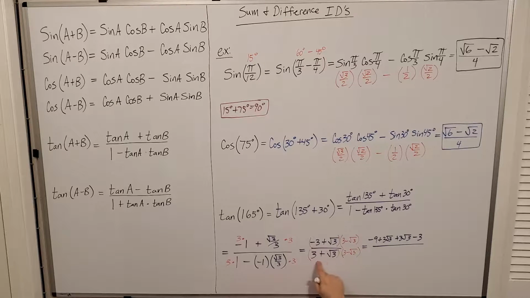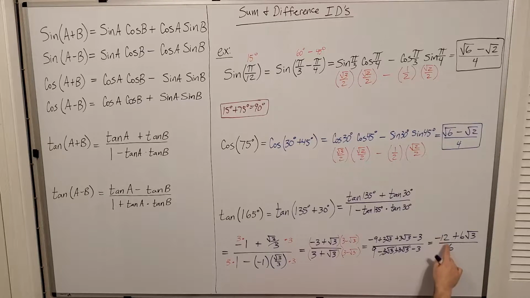In the denominator, I have a conjugate, so the two inside terms are going to add out to 0. Right? That's the whole point of doing the conjugate. And then I've still got a minus 3 here. Okay, we're almost there. In the top, negative 9 minus 3 gives me negative 12. And I have plus 6 square root of 3 over 9 minus 3 is 6.